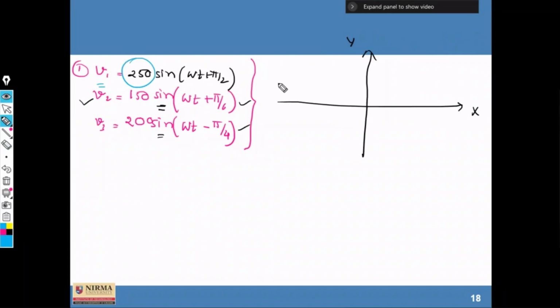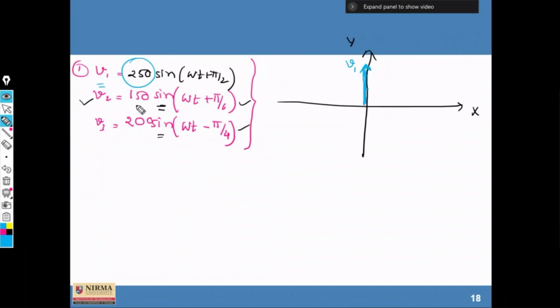The vector magnitude is 250 and the angle is pi by 2, 90 degree. So probably here we can say this is your vector V1.